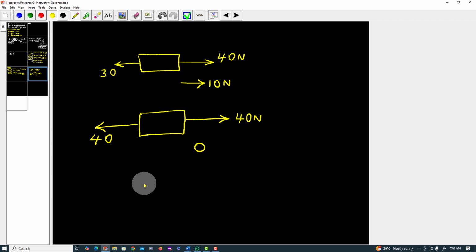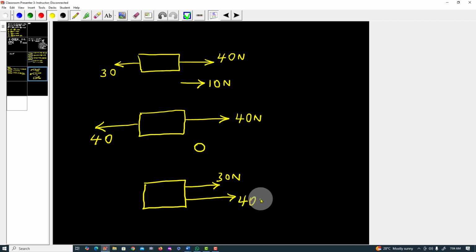You could also have a situation whereby the two forces are acting in the same direction, where you have a force of 30 newtons acting on that object to the right, and a force of 40 newtons acting on that body to the right. The resultant force is 70 newtons in that direction.